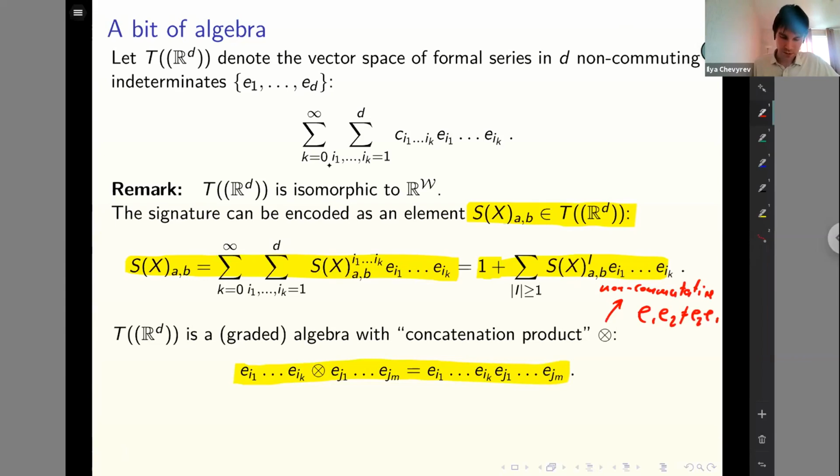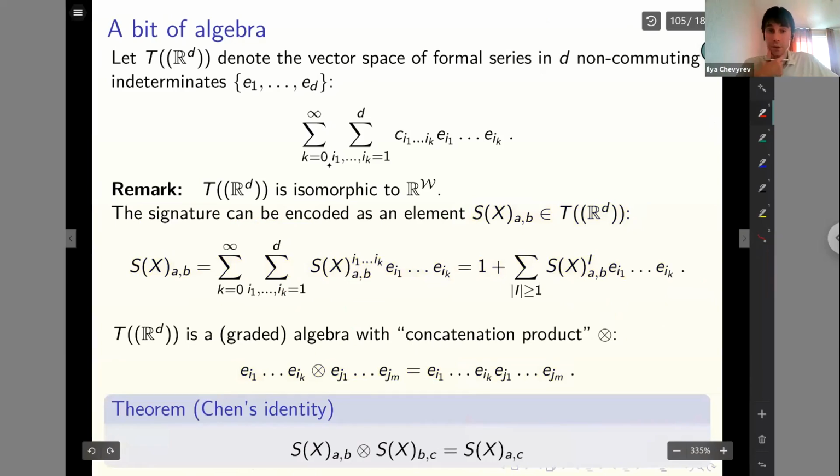Okay, so with this definition, Chen's identity can be rephrased in a very compact way. What it tells us is that if I now think about the signature as an element of this big vector space, I can multiply signatures together because I can multiply elements of this vector space together.